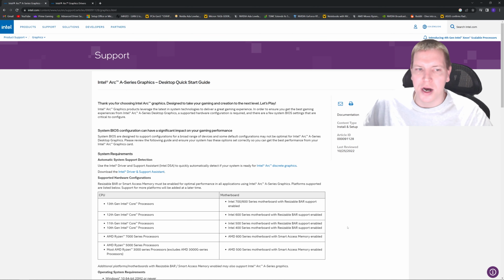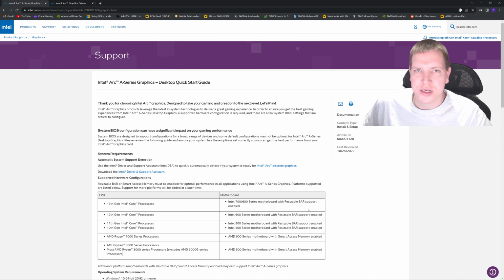Since I don't have a card, I cannot test all the dirty little details, but there are still some stability issues. There's a few issues with DisplayPort where it'll say something's disconnected when it's not. Little bugs like that are something you're going to have to take into account when considering buying one of these GPUs.